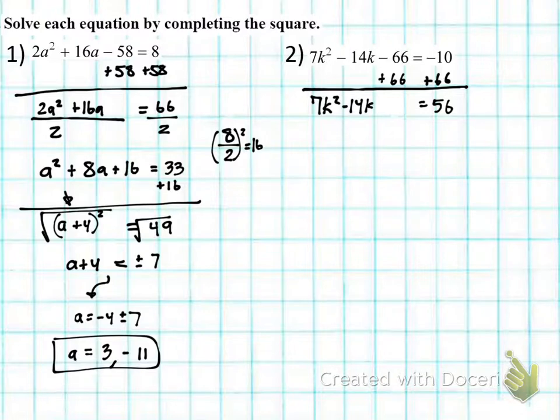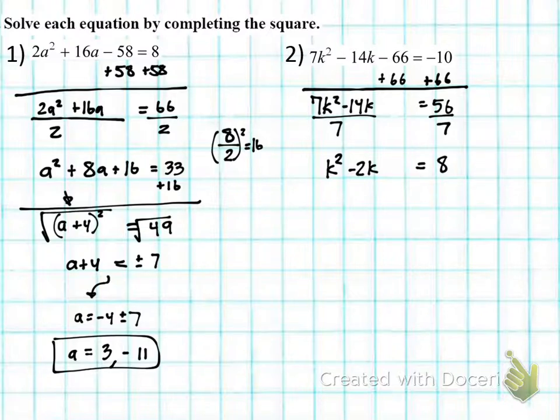Then I'm going to look at a. A is equal to 7. I don't want a equal to 7, so I have to divide everything by a. So in this case, I'm not going to divide by 2, but by 7 on both sides. Okay, 7 divided by 7 cancels out, just leaving k squared. Negative 14k divided by 7 is negative 2k. And then 56 divided by 7 is 8.